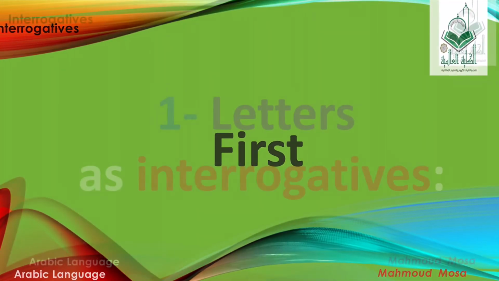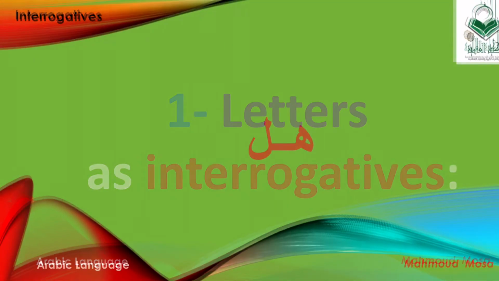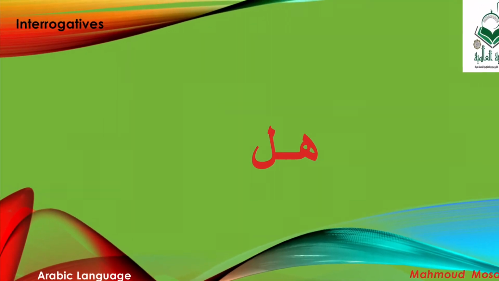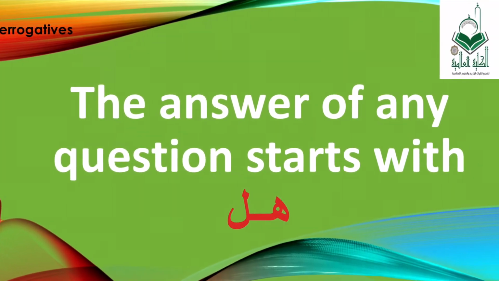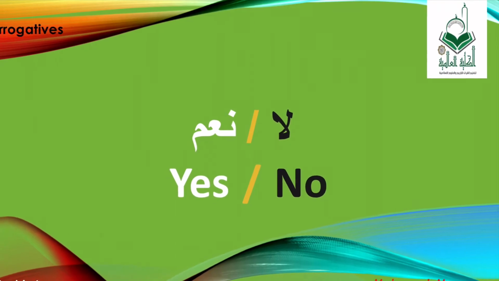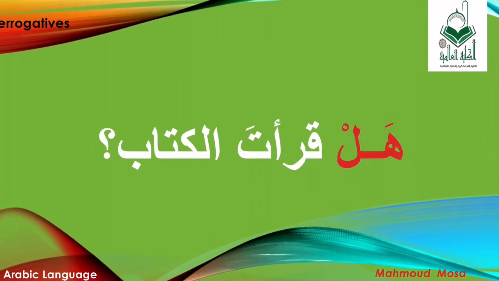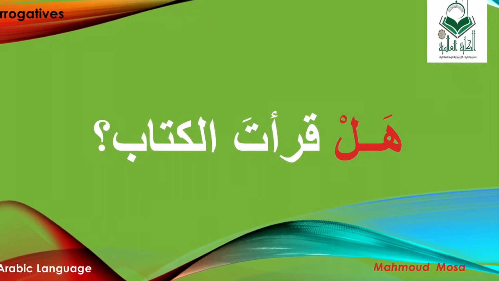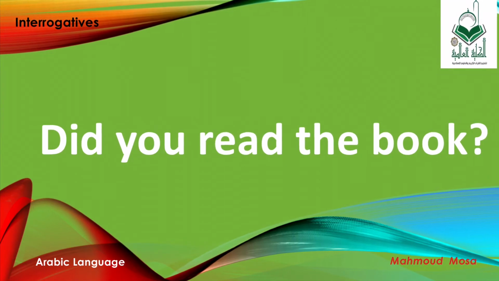First, letters as interrogatives. We have هل. The answer of any question starts with هل is always نعم or لا, yes or no. هل قرأت الكتاب؟ It means, did you read the book?